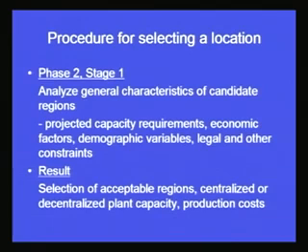Then how are we going to make this decision? These decisions will be made on the basis of projected capacity requirements. Now we have to decide what the projected capacity requirements are. If you remember the lecture on capacity planning, we have seen that there are economies of scale and diseconomies of scale.